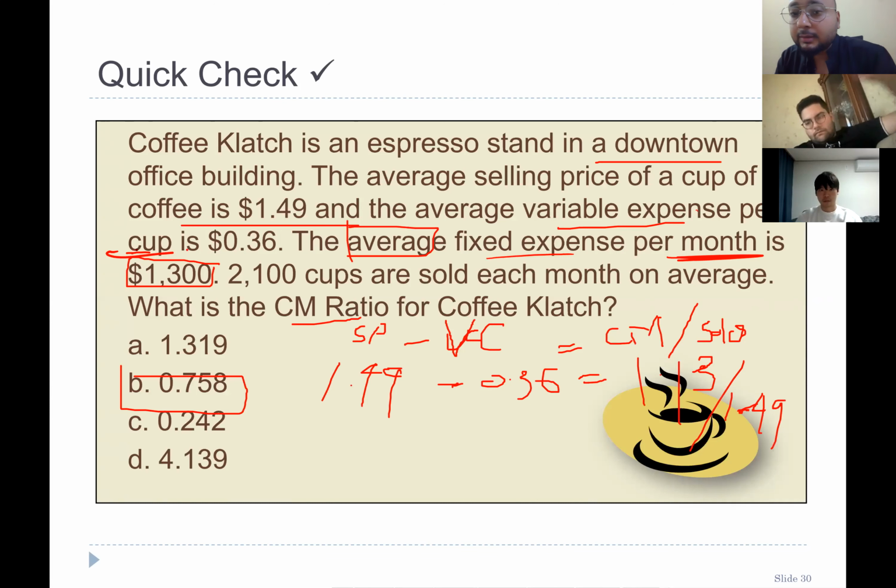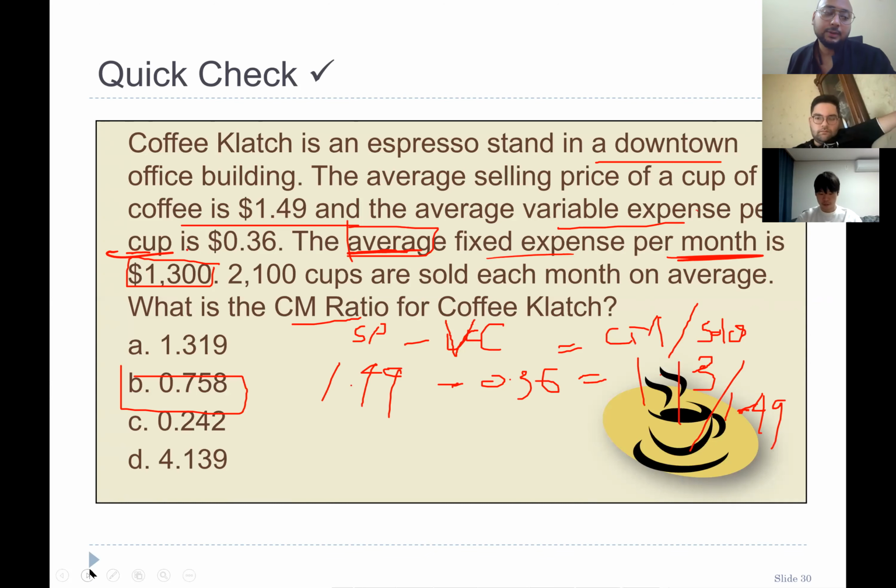The question mentioned fixed cost per month, not per cup. But the variable cost is variable expense per cup, right? So there is a difference. So you can just ignore this average. So we know that the CM ratio would be 75.8% or 0.758. Don't you understand?